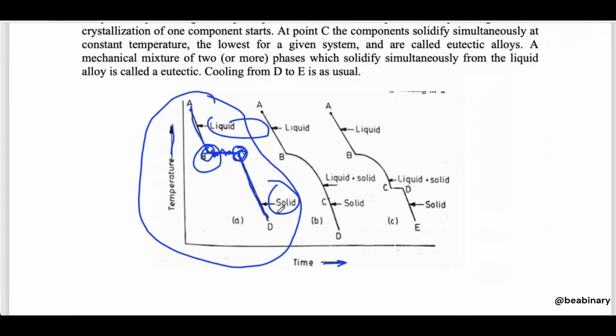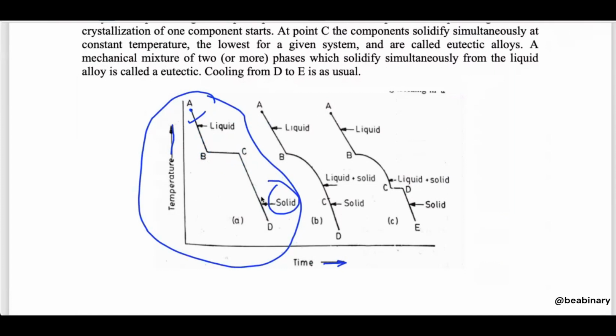If you keep water inside your fridge, it doesn't get converted into solid because the temperature is maintained before the critical point of water. The refrigerator does not reach the critical point of the water, so you do not get your water converted into solid. So this is the idea of how the cooling curve occurs.